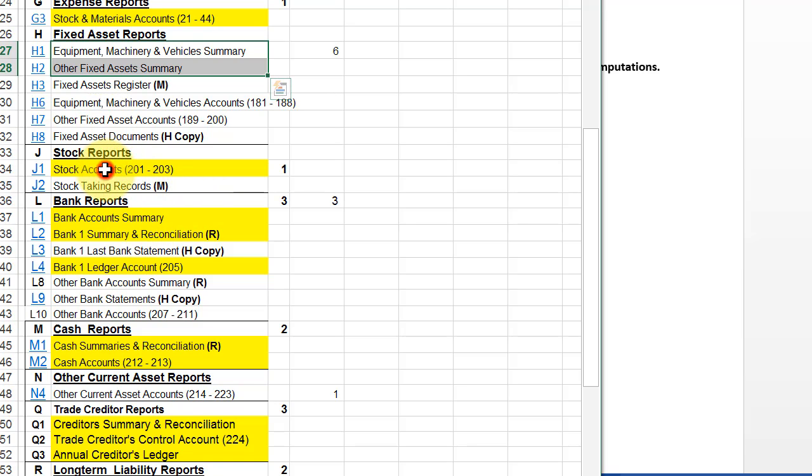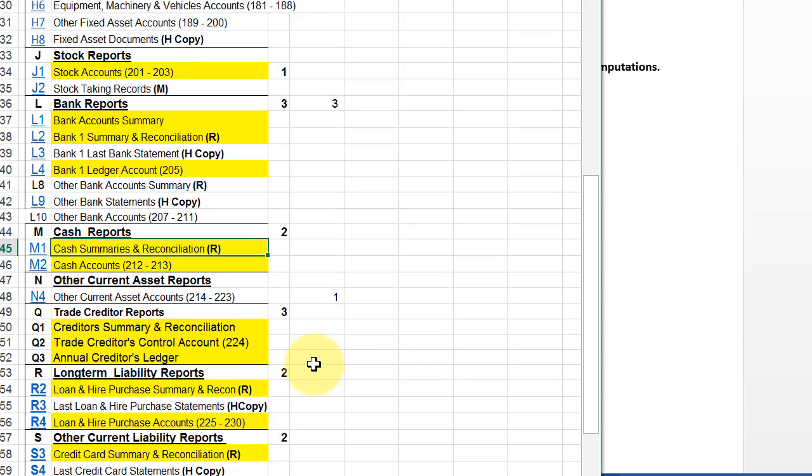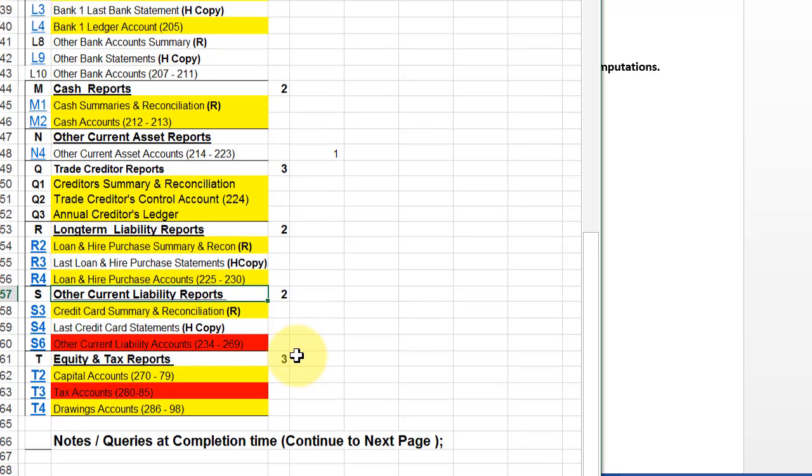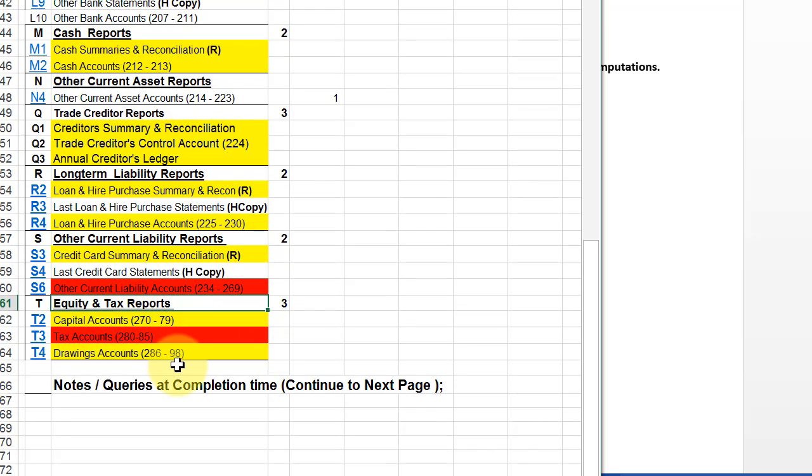And then, of course, we've got stock accounts. We've got bank accounts summary and the supporting reports. We've got cash summaries and the supporting reports. We've got trade creditors, long-term liabilities, other current liabilities, and then equity and tax reports.